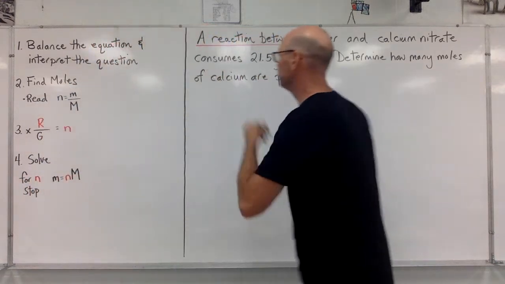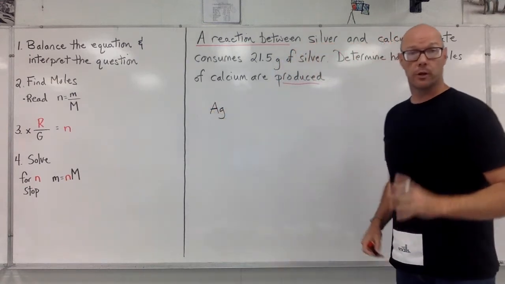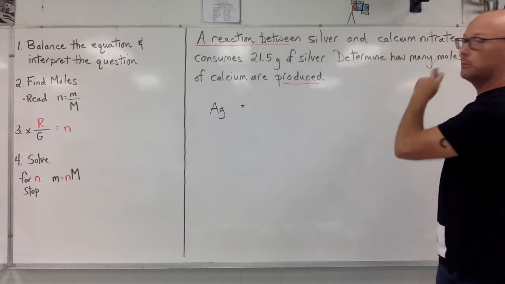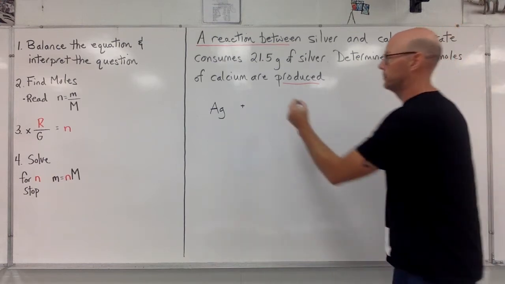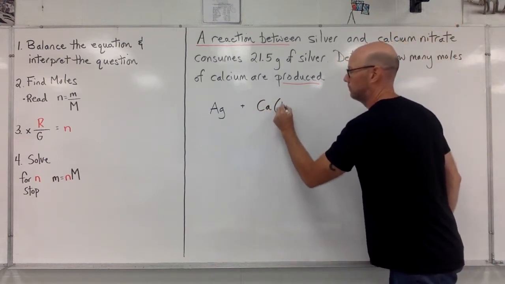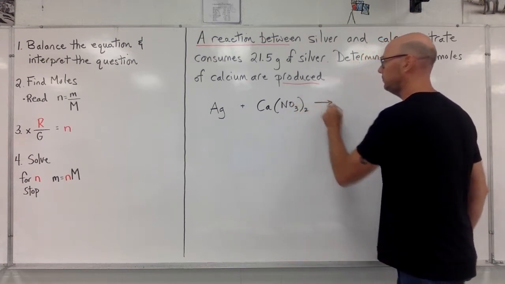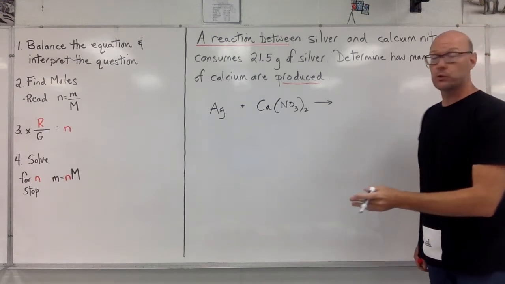So silver, no subscript, just Ag for a metal. Calcium nitrate. Calcium is a 2+, nitrate a 1-. Here we have a single replacement reaction where the 2 metals switch.